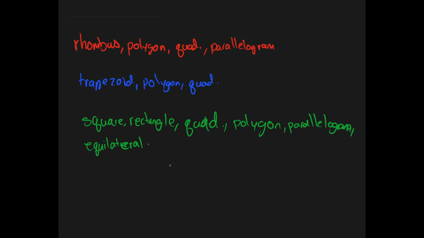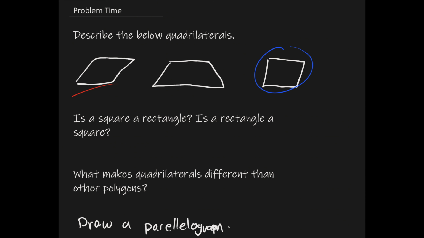What is an equilateral? It is a shape with all sides equal. So this would be an equilateral triangle. But we're not talking about triangles, we're talking about quadrilaterals. Some rhombuses are equilaterals, right? Actually no, a rhombus has to be equilateral, sorry.